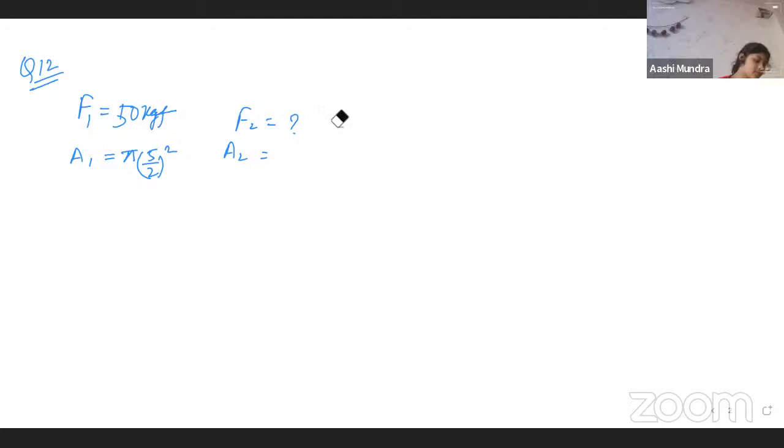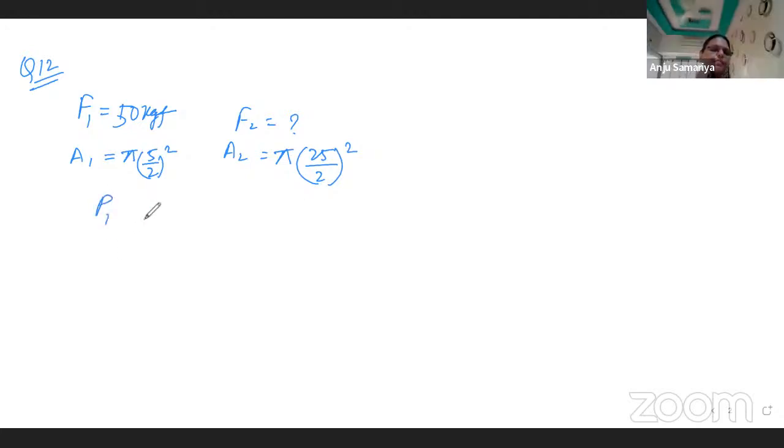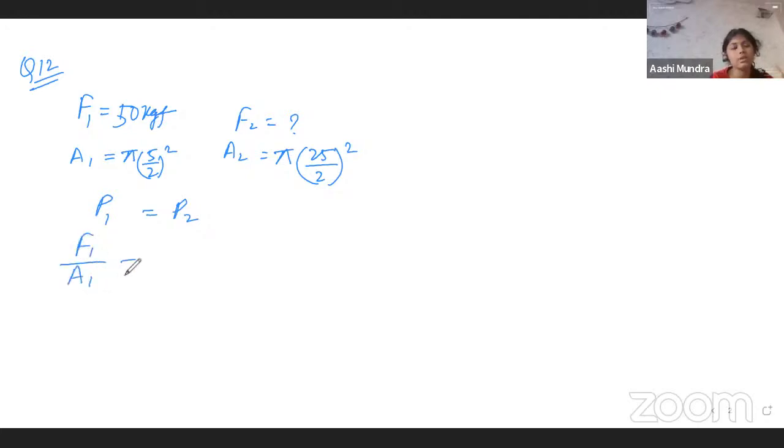Ma'am, why will we divide by 2? That is diameter. Diameter divided by 2 is radius. Oh, sorry. Yes. Ma'am, over here the same, it will be 25 upon 2 square into pi. So what formula are we using? Ma'am, Pascal's law, that F1 upon A1 is equal to F2 upon A2. By that we will cut pi.